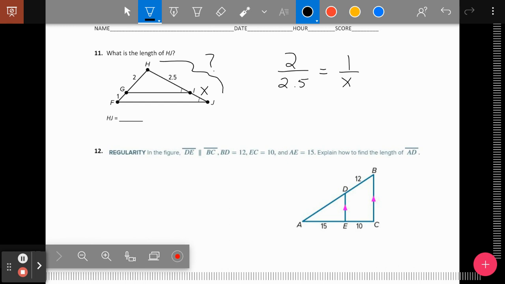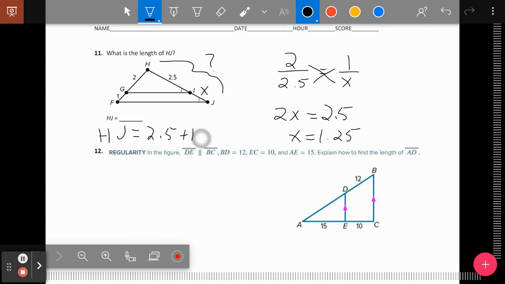I don't know if he would do 2 over 1 and 2.5 over x. It works just as well both ways. And I get 2x equals 2.5. And so x equals 1.25. And so HJ here, the whole thing is 2.5 plus 1.25. And so my final answer here is 3.75 for HJ.